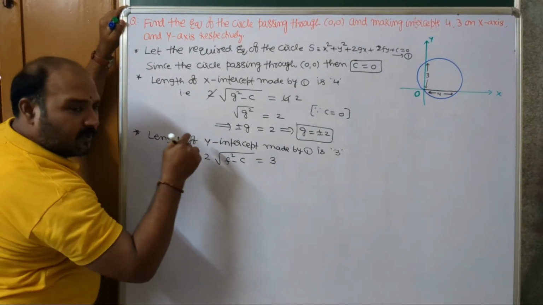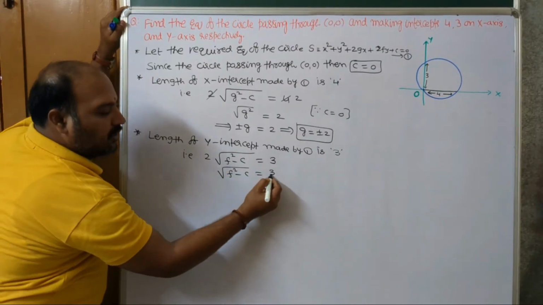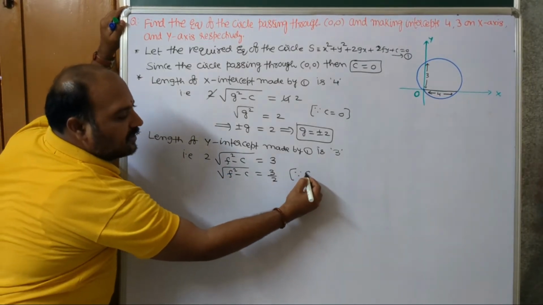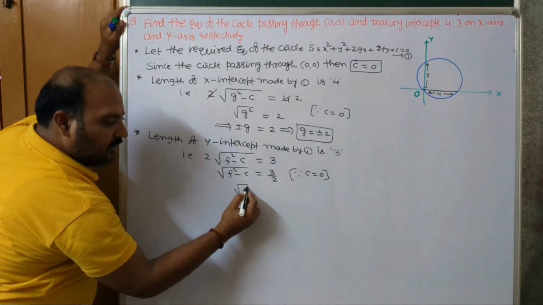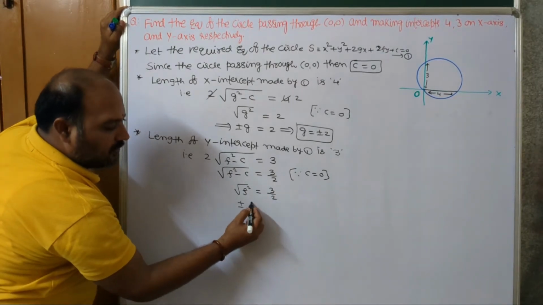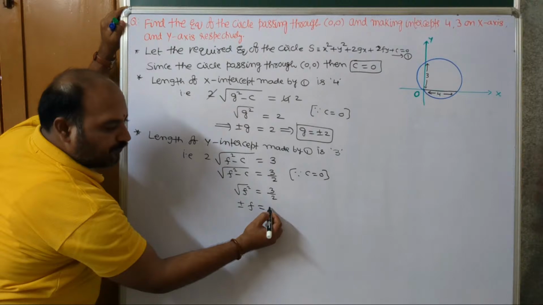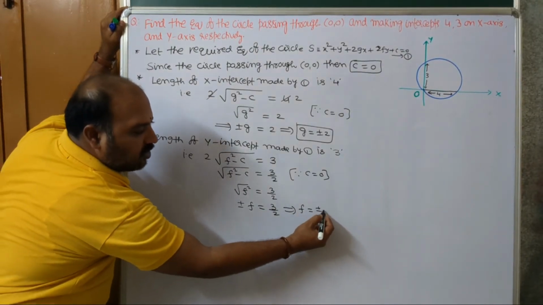But 3 is not divisible by 2, so to bring that across, f square minus c equal to 3 by 2. Since c equal to 0, root f square is equal to 3 by 2. So plus or minus f equal to 3 by 2. That implies f equal to plus or minus 3 by 2.